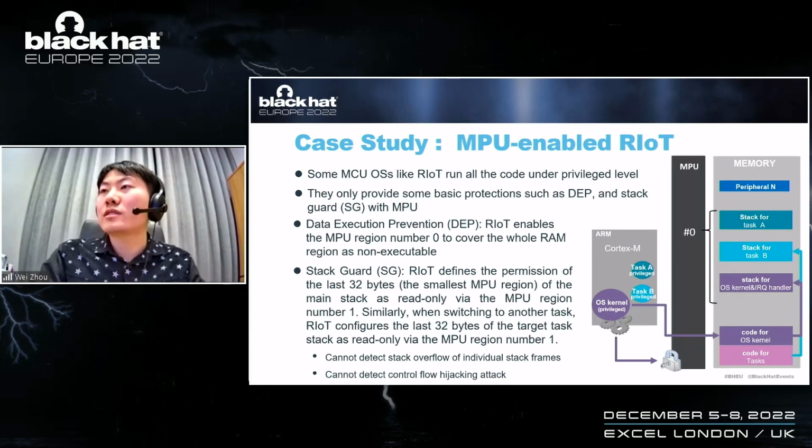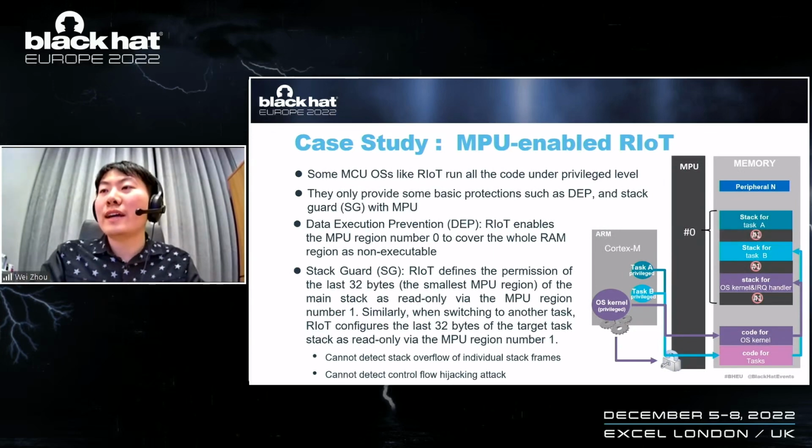For the stack guard, it defines the permission of the last 32 bytes of the main stack as read-only for the kernel, and for each task, it also assigns a small inaccessible memory region as the boundary of the stack to prevent task overflow. Note that it cannot detect overflow within an individual task, and it also cannot detect control flow hijacking attacks.